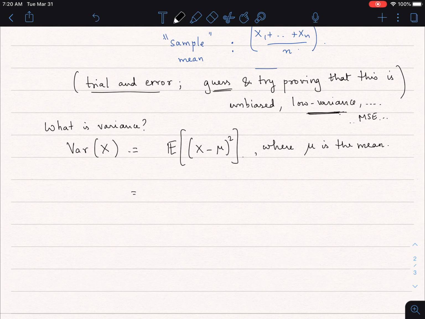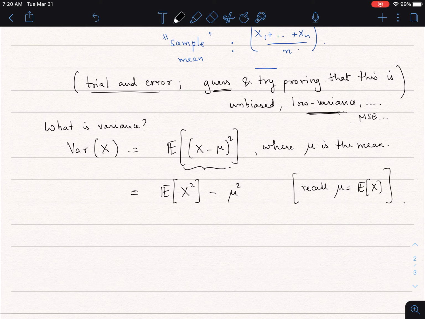Last lecture and before that, we saw that you can expand this out using the linearity of expectation, and you get a simpler formula for the variance: the expected value of x squared minus mu squared, where mu is simply the mean, mu equals the expected value of x.